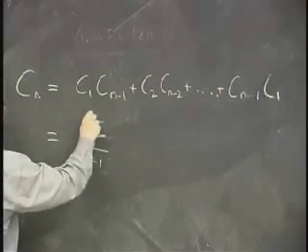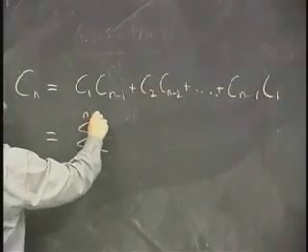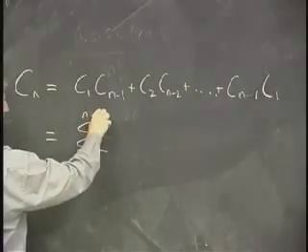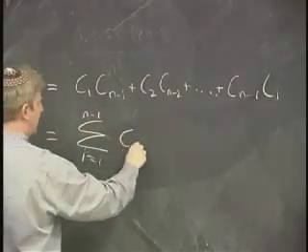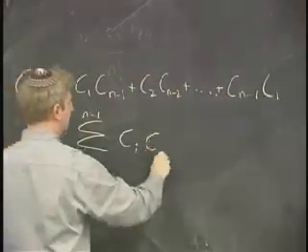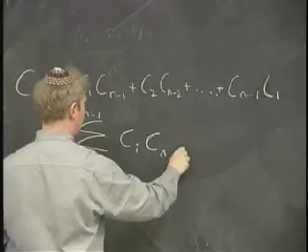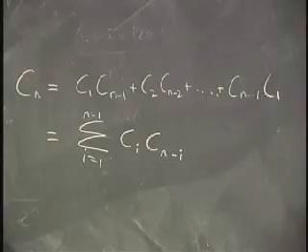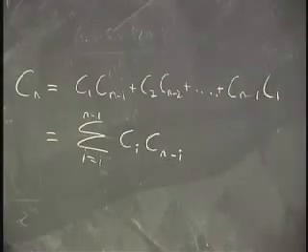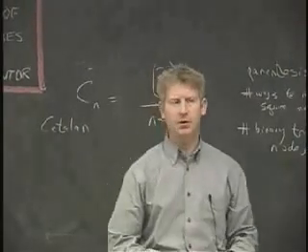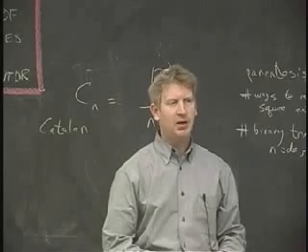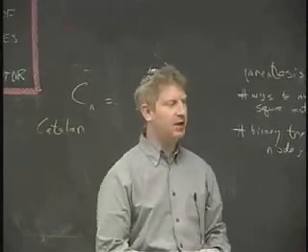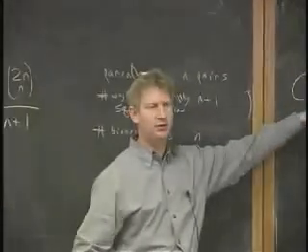The sum from i equals 1 to n minus 1 of Ci times Cn minus i. I think that's right. Let me double check it. C1 Cn minus 1, C2 Cn minus 2, Cn minus 1 C1. Yeah, that looks right. Remember that recurrence equation? Yeah, do we have the foggiest, vaguest idea of how to solve such a twisted sister?